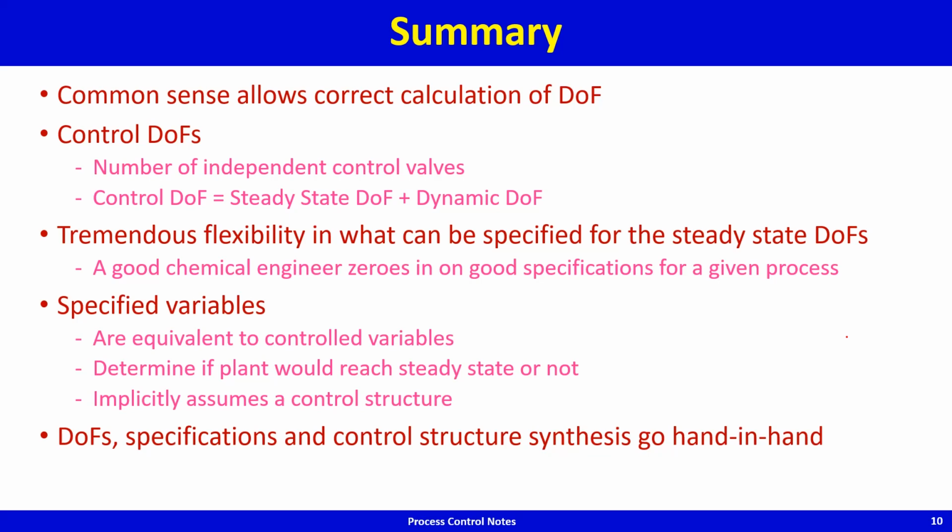A true understanding of degrees of freedom implies a true understanding of specification, which in turn implies a true understanding of control structure synthesis. So it all goes together. That is what I keep saying again and again. It all begins and ends with degrees of freedom. If you have a good handle on degrees of freedom, you will be a great chemical engineer. And if you don't have a good handle on degrees of freedom, that's it.